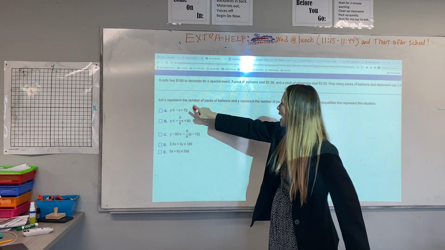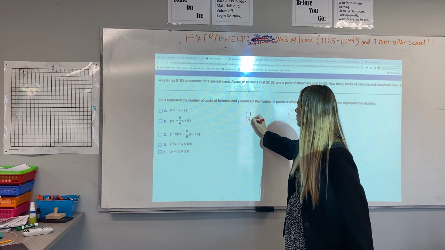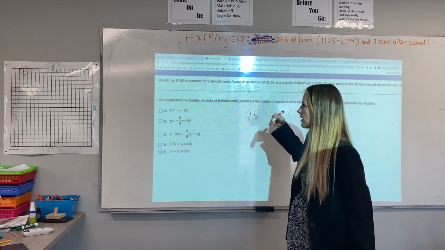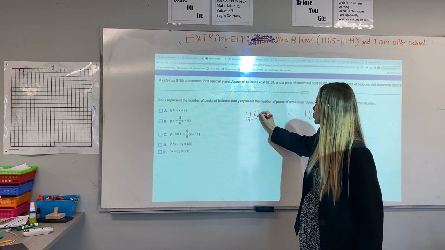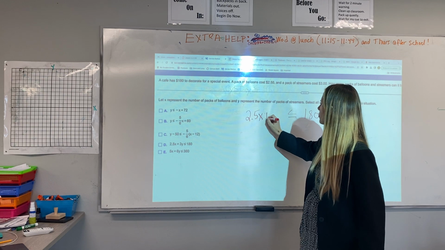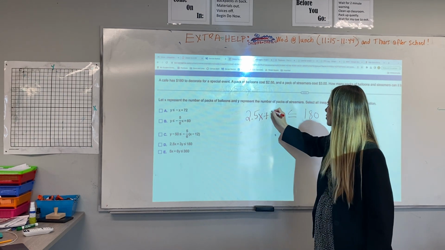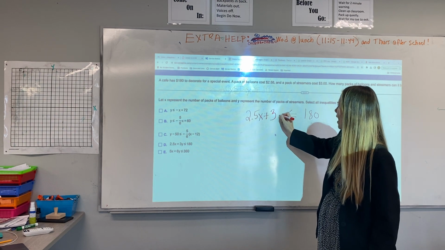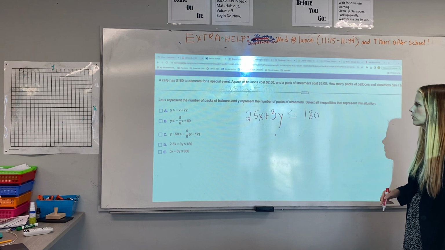Let x represent the number of packs of balloons. So we have 2.5 times the number of packs of balloons, which would be x, plus the cost of the pack of streamers, $3 times however many packs of streamers we buy, which is represented by y.